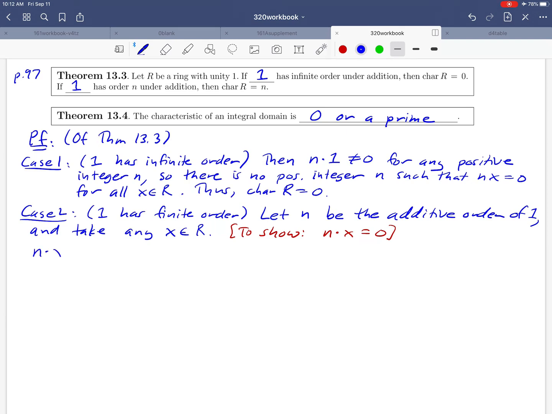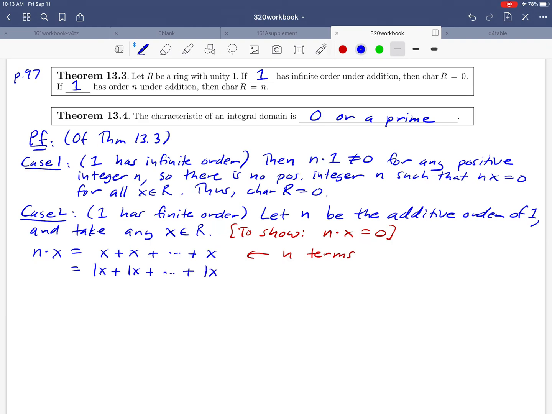So if we look at n times x, by definition, that's just writing down n copies of x and adding them all together. We'll make the note n terms that we're writing down here. And then we have a unity in this ring. It's called 1, so we can rewrite each of those x's as just 1 times x.